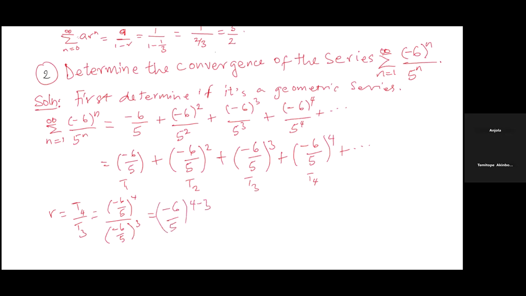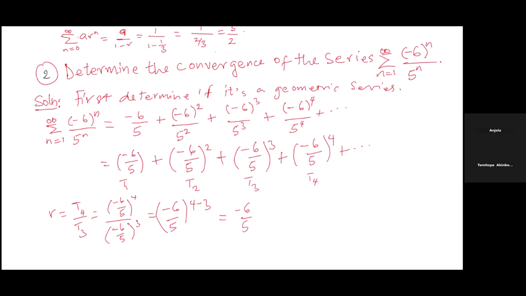And that will give you minus 6 over 5. So I've done T4 over T3. Now I cannot do just one and conclude that it's a GP. So you have to do the remaining.